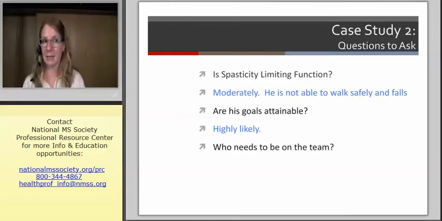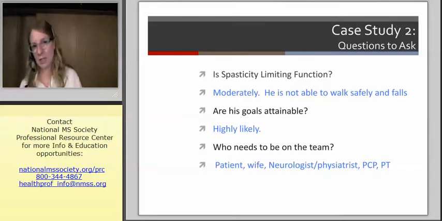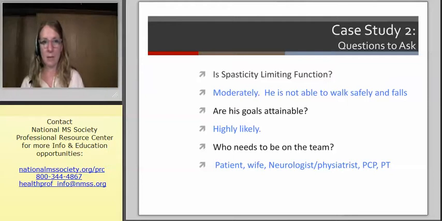Who needs to be on the team, though, with this guy? The patient, the wife, the neurologist/physiatrist, if he has one, the PCP, and the PT. This gentleman is a candidate for oral medications at this point, and that's what he chose. He didn't want to do any surgeries.